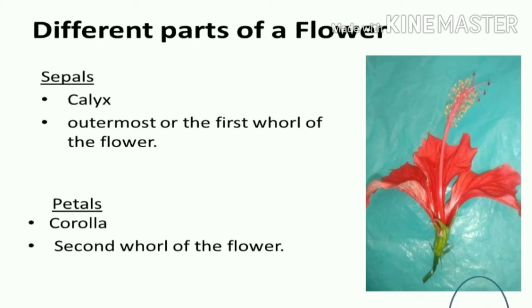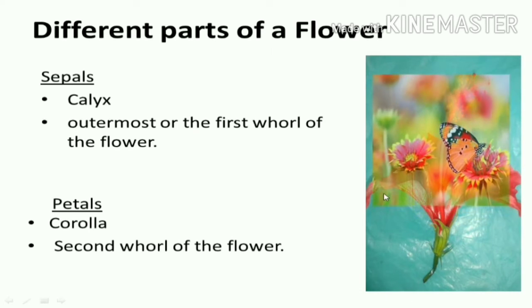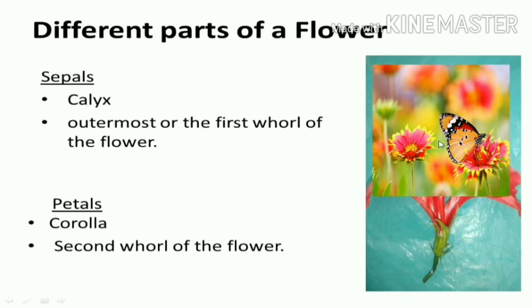The function of petals is that it protects the reproductive sex organs, that is the stamen and the pistil, from the surrounding environment. It helps in attracting the pollinators that initiates the process of reproduction.